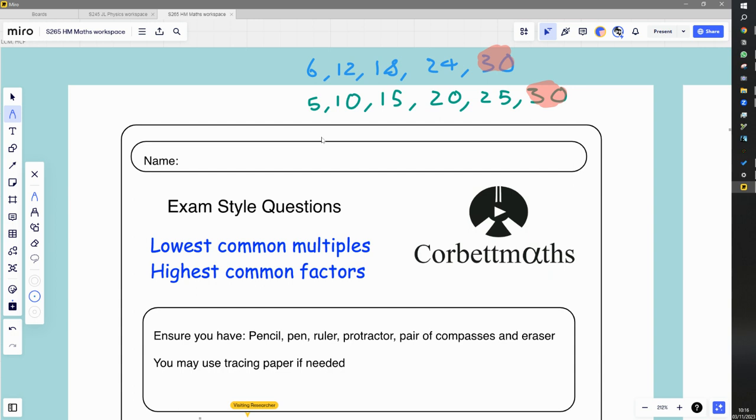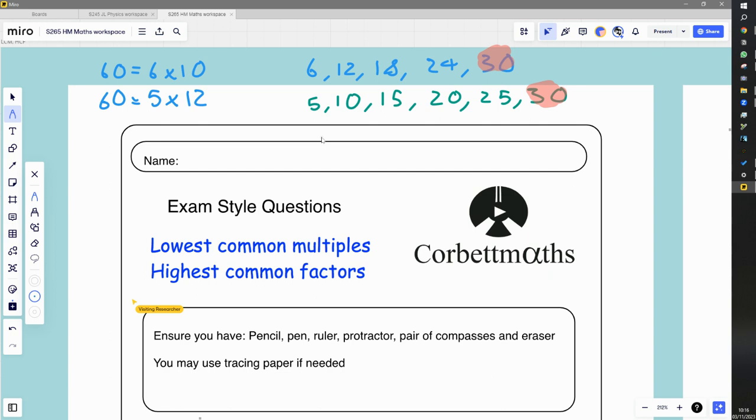If I went all the way up to 60, then we know that 60 is equal to 6 times 10, so it's a multiple of 6, but also 60 is equal to 5 times 12, so it's a multiple of 5 as well. So 60 is also a common multiple, but it's not the lowest common multiple. The lowest common multiple would be 30. Okay, so this is what we mean by lowest common multiple.